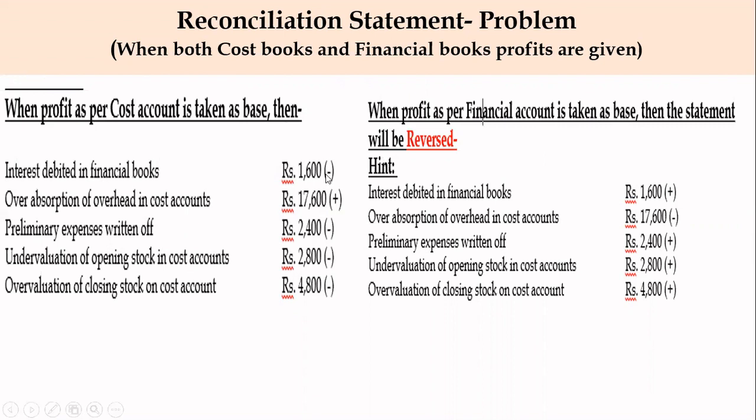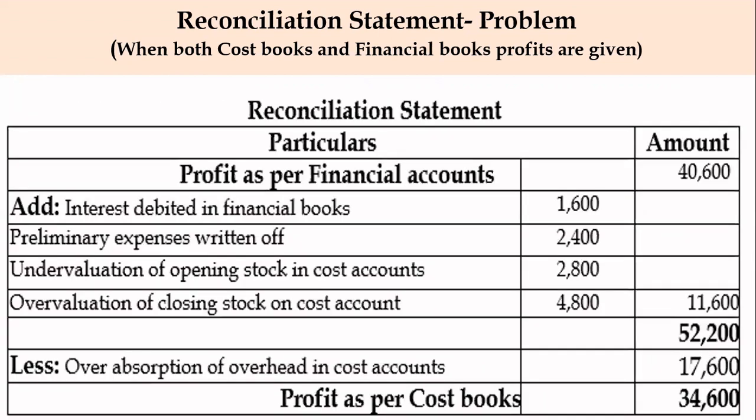That is, whatever items I have added here will be deducted here. Whatever items I have deducted in this format will be added in this format. This is a very slight difference, but don't get confused. Just stick to one format and be thorough with that format. And this is how the reconciliation looks like.